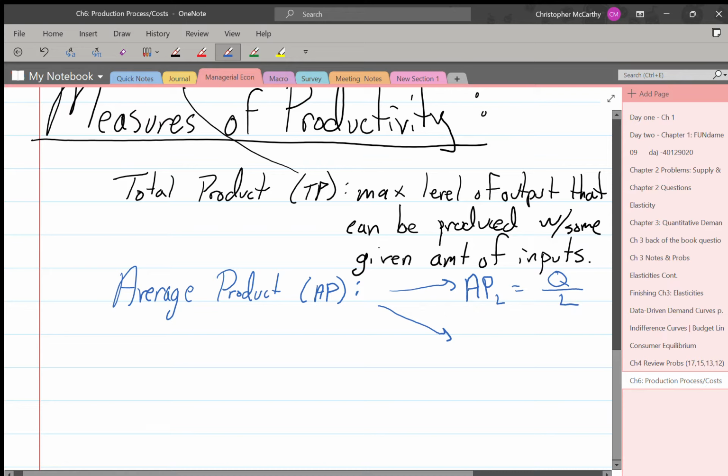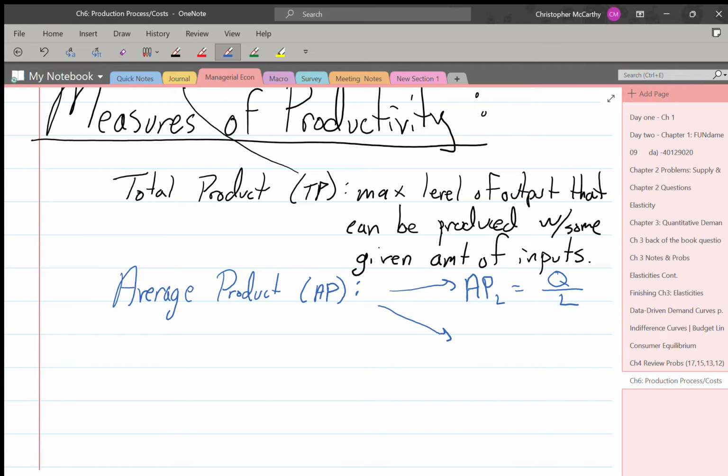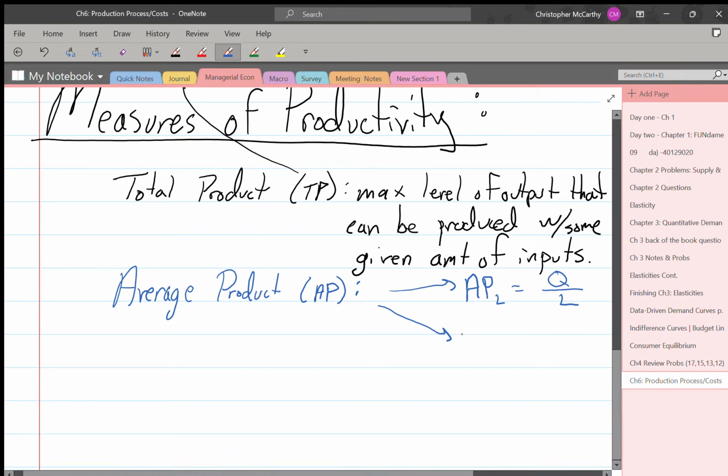So if I make 100 cars in a day and I've got 10 laborers, my average product of labor is 100 divided by 10. If I have one robot, so I've got one piece of capital, and I produce 100 a day, then my average product of capital is 100. These average products are just a measure of the output produced per unit of input.